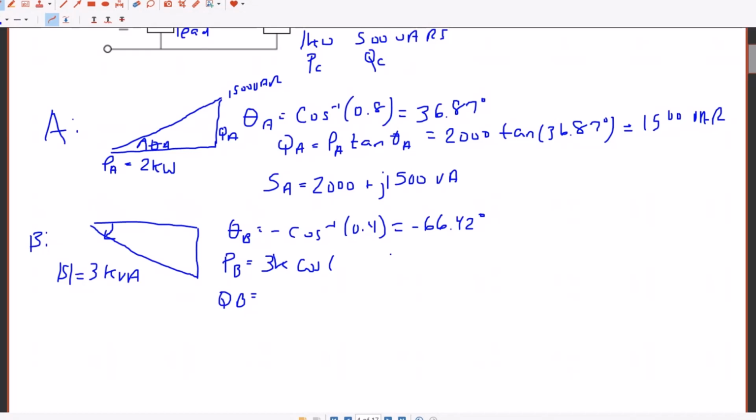A question for part A real quick. Why is it Q plus P instead of the square root of Q squared plus P squared, if it's like a triangle? That's the magnitude, right? If I asked you to find S, the apparent power, then the magnitude of S would be that. Remember, there are 2 S's here.